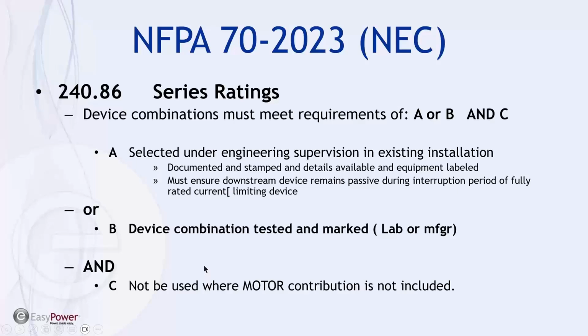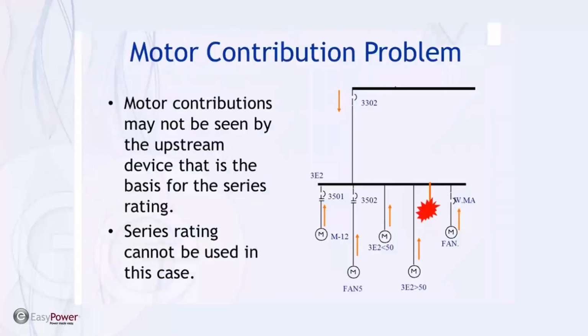So if that's not confusing enough, I don't think I could make it more confusing if I tried. But what it boils down to, and the motor contribution problem is significant, is if we are trying to evaluate this breaker being series rated or qualifying as an upstream device for a series rated configuration, then it can't be used in conjunction with a panel where there's multiple motor loads that will supply current into a fault.